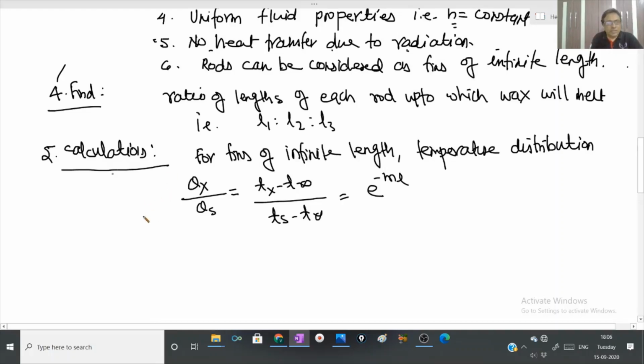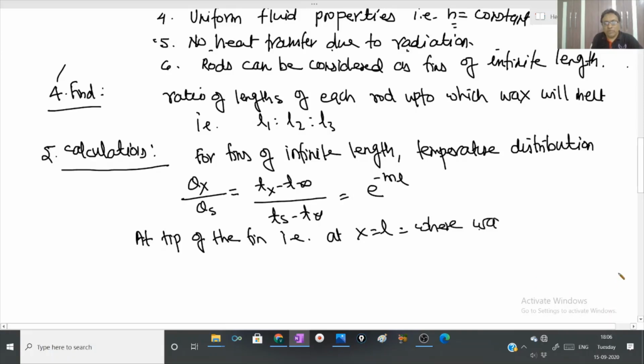This temperature distribution at the tip of the fin, that is at x equal to L, where wax melts.